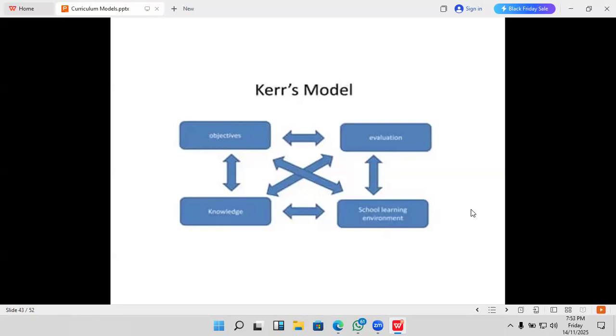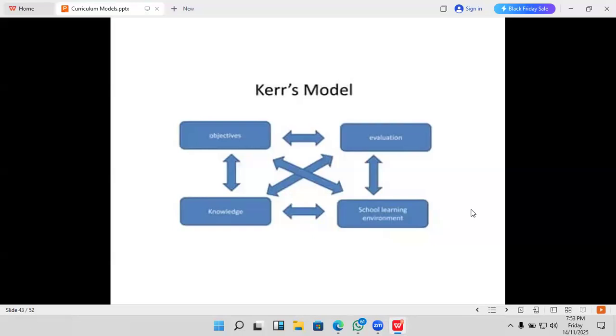We can test their knowledge. He says whenever we give knowledge to the children, we should consider objectives as well, as it is connected to evaluation. Knowledge is connected to the school learning environment. Therefore, these four variables, according to Kerr, it is not a linear model or cycle model.